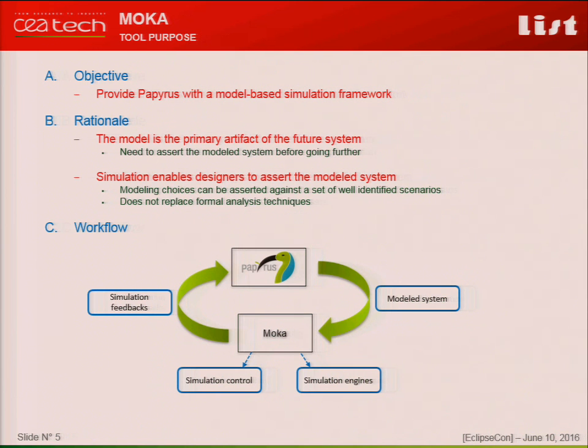The objective of Moka is to provide Papyrus with a model-based simulation framework. We provide this because the model is the primary artifact of your future system, and you need to be able to evaluate, at least functionally, that what is modeled is effectively what the system is going to do. To do this, we provide this execution engine. You model the system with Papyrus, the system is executed, simulated by Moka, and simulation engines are provided.